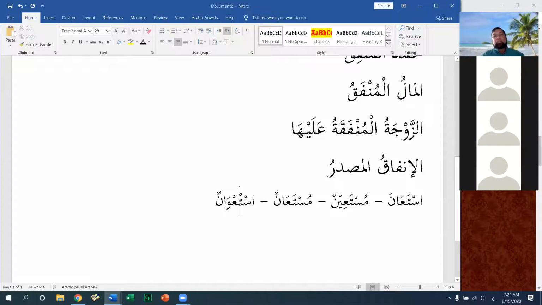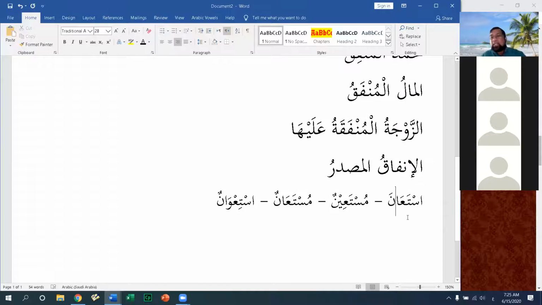Oh, we have to put a kasra here on this ta. Isti'wanun. Istif'alun, like istighfarun, isti'lamun. The pattern is istif'alun. The original form of the masdar for ista'ana is isti'wanun.